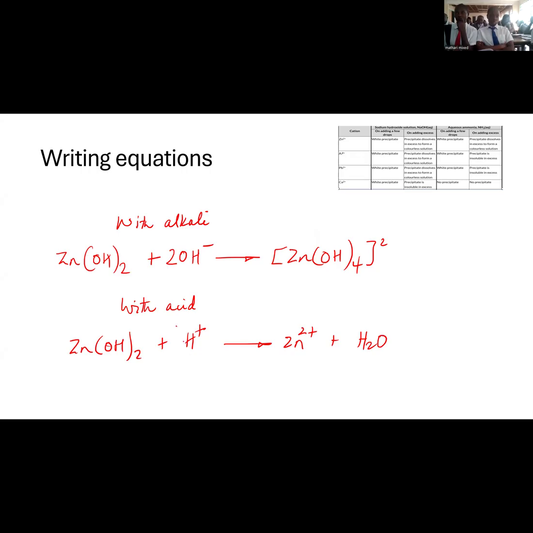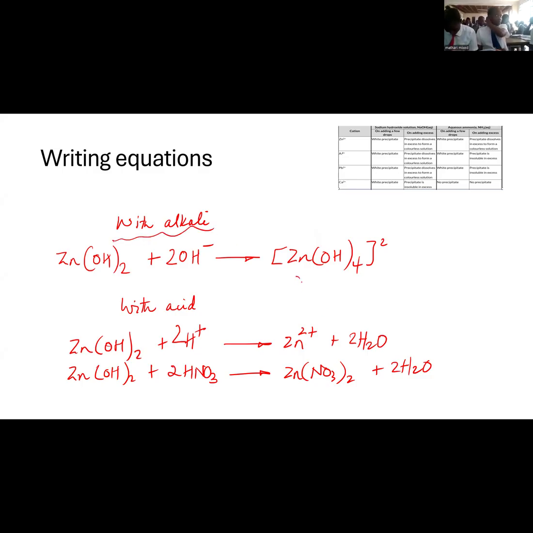Now, sometimes they want you to write it with a particular acid. So, for instance, zinc hydroxide and nitric acid, and they expect you to write zinc nitrate is formed and water. Sorry, two there, two here. So that's with the alkali.